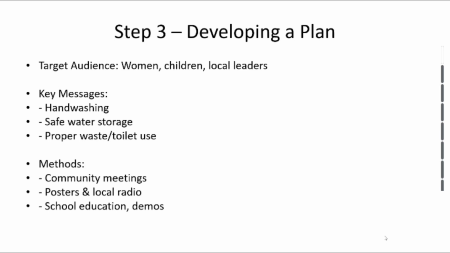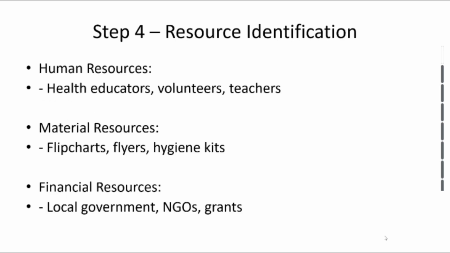Step 4 is resource identification. Resource identification may still be classified under planning. So, human resources: health educators, volunteers, teachers, and other trained personnel. The volunteers are for logistics and mobilization.